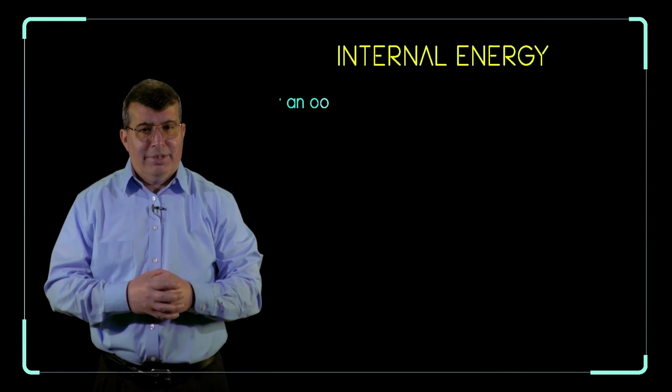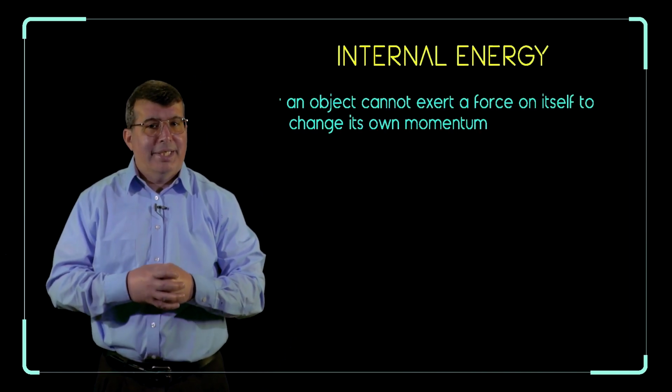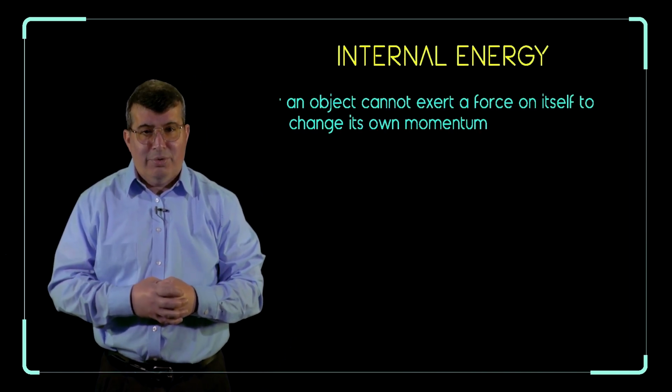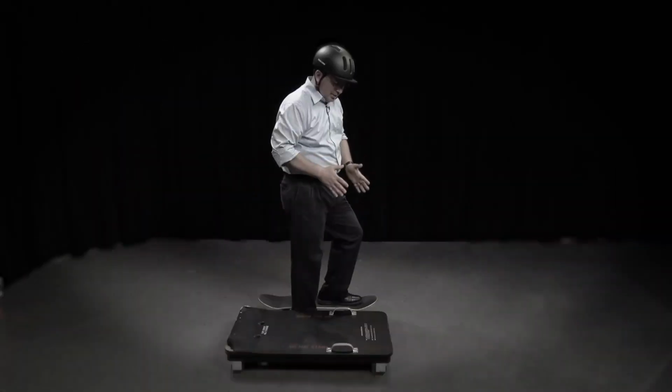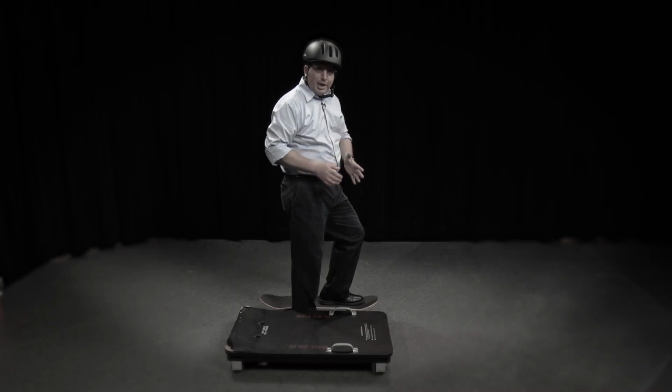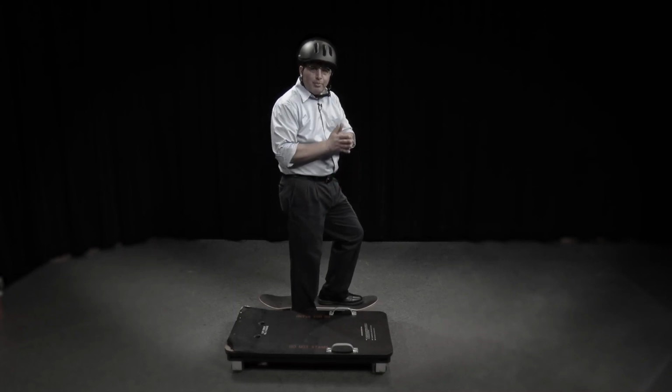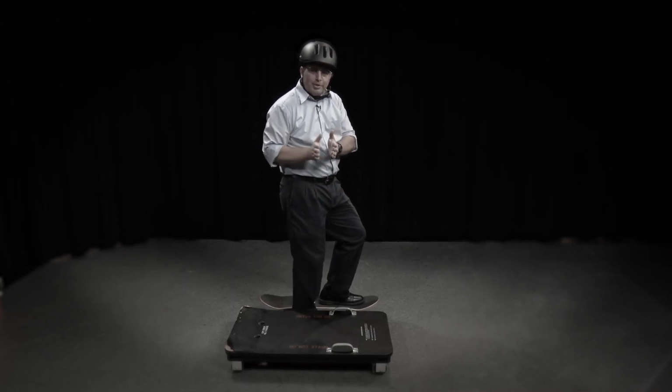The idea behind internal energy is that an object cannot exert a force on itself to change its own momentum. Think about when I was standing on the skateboard, trying to change my momentum, the momentum of myself and the skateboard. I was trying to go forward.